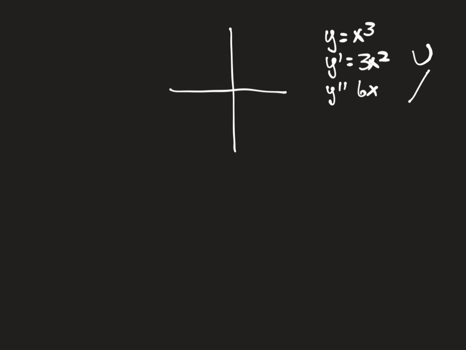So we know it's going to go from... well, let's draw the function. Y equals x cubed is something like this. That's bad. But anyway, at x equals 0, y equals 0.